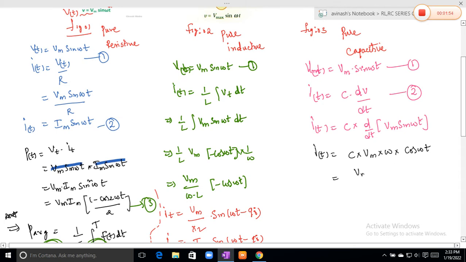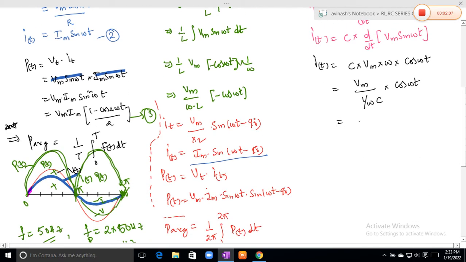Can I write it like this? Vm by 1 by omega C into cos omega t, and 1 by omega C is nothing but XC, the capacitive reactance, into cos omega t. This will be I of t.